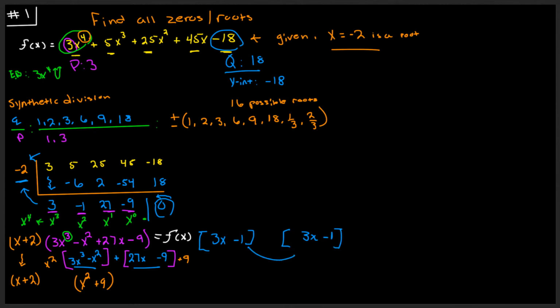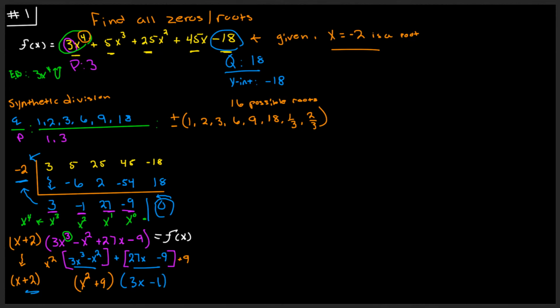Look at that, they're the same. They're your like terms. And there's not actually two of them, like I said before. They are the same term. This is how you factor by grouping. So what we're left with is 3x minus 1.